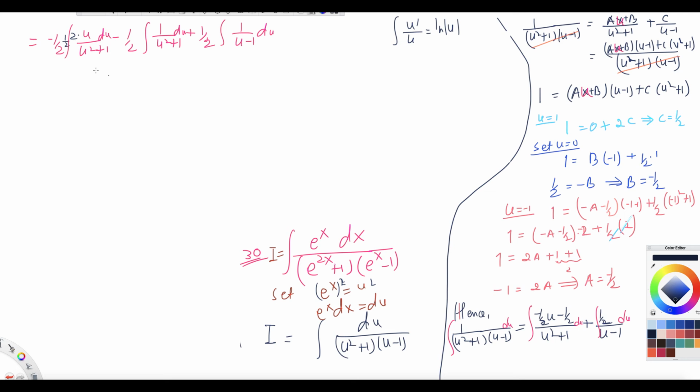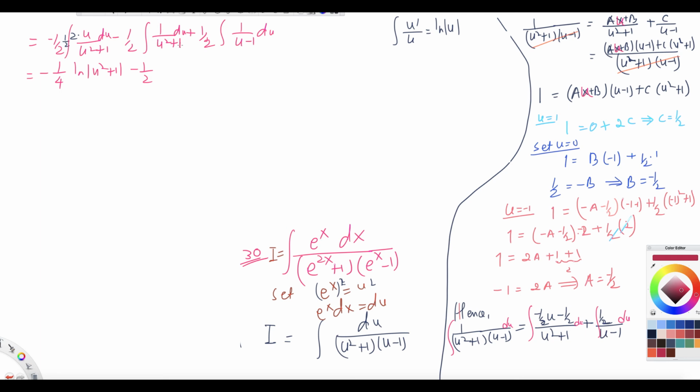That's the formula: if the derivative of the denominator is in the numerator, then the integral is the natural log of the denominator. So you can write this as negative 1/4 natural log of u squared plus 1, minus 1/2.